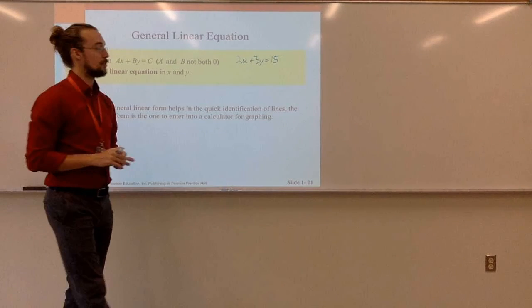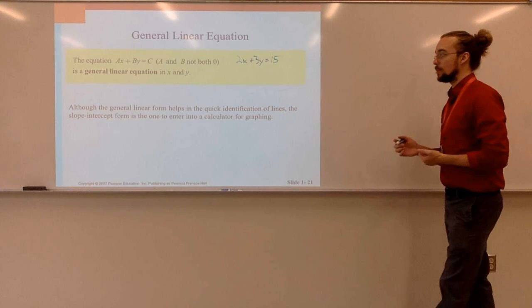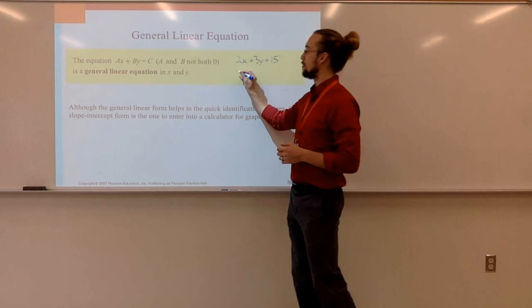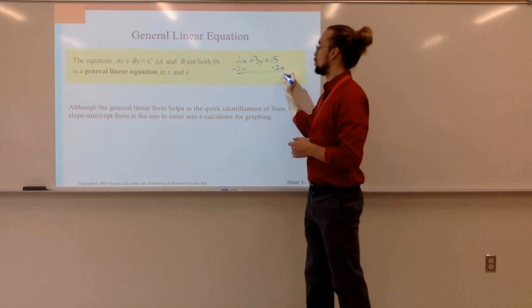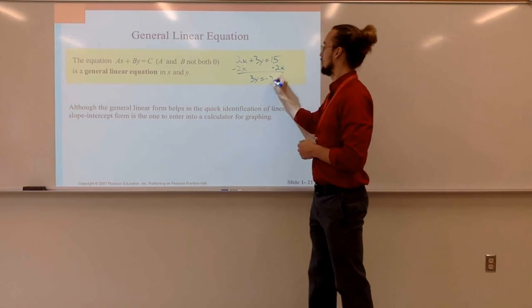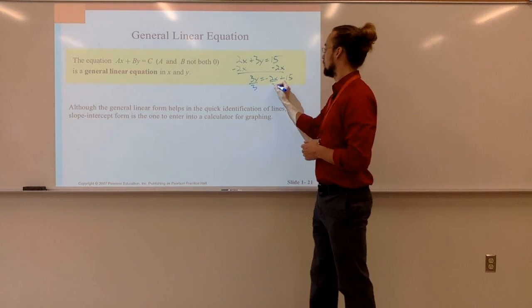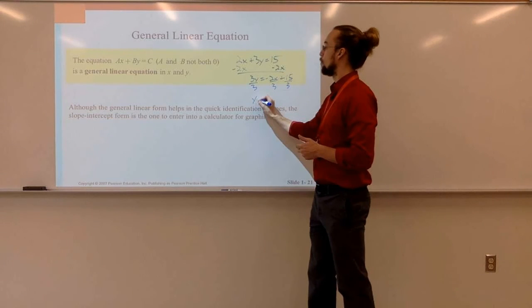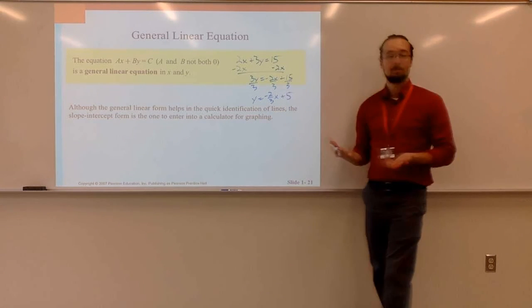It's going to be negative. In order to just see the slope of a line, we would need to put it into slope-intercept form. So I would get y by itself, subtract the 2x over, and then divide everything by 3. So I would get y equals negative 2/3 x plus 5.